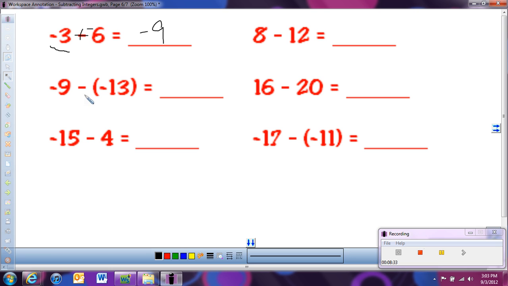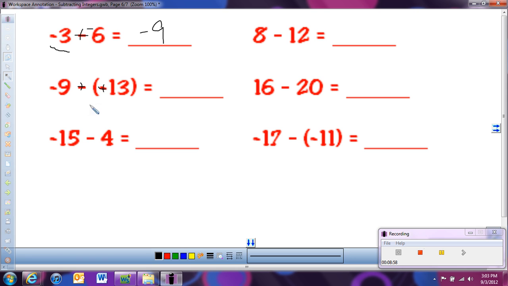Moving on to this next one, we can see we're subtracting. We have integers, so we're going to add the opposite again. The first number stays the same. The minus sign becomes a plus sign, and we're going to take the opposite of the second number. In this case, we have a negative 13. The opposite of negative 13 is positive 13.